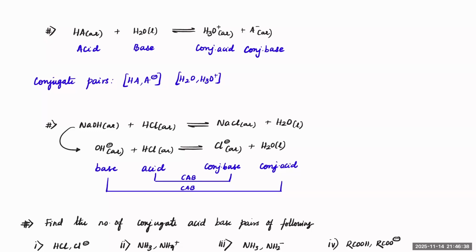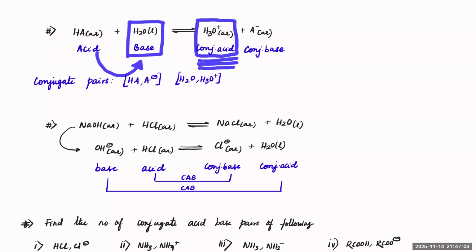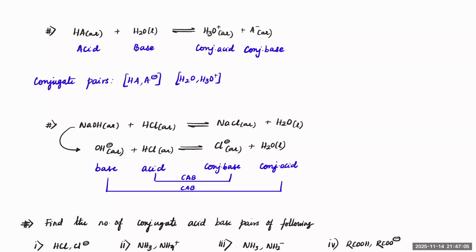Now listen, according to Bronsted-Lowry acid-base theory, if there is an acid which is losing a proton, the rest of the adduct, that means the rest of the part of the electrolyte, is called the conjugate base. Similarly, if you have a base, after accepting H plus ions, the new species which is formed is called the conjugate acid. So HA and A minus, H2O and H3O plus.